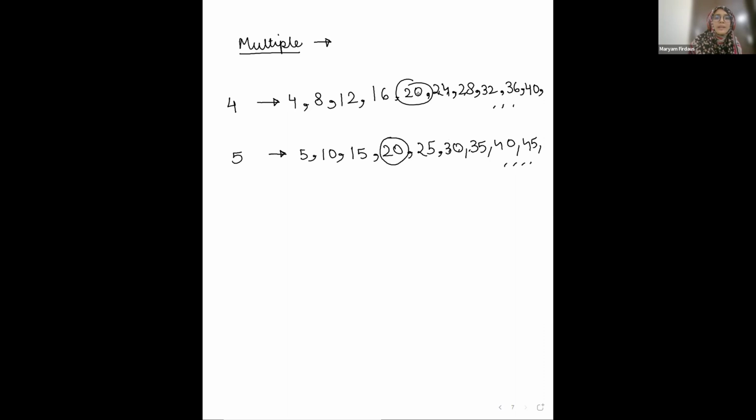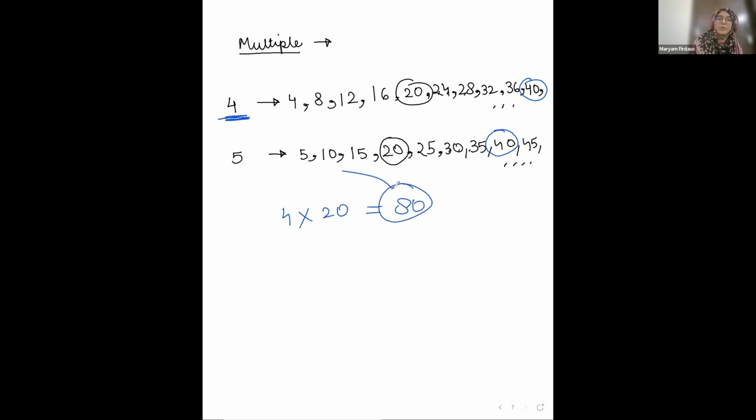So, Hiba, 20 and 40 are common in both of them. 40 is also a common multiple. So, how many common multiples do you think 4 and 5 will have? Only two. What about 80? 80 is a multiple of 4 also because 4 multiplied by 20 is 80, right?